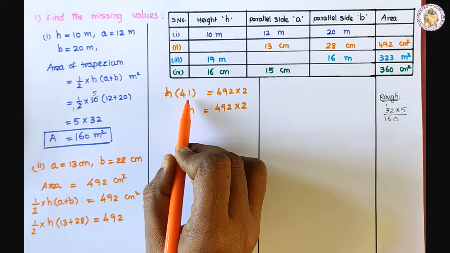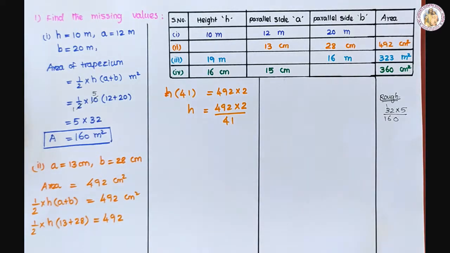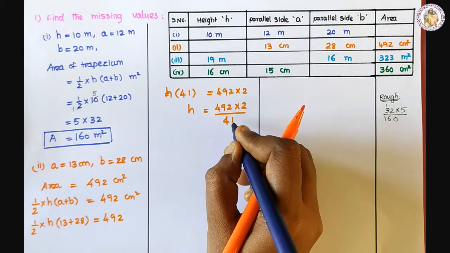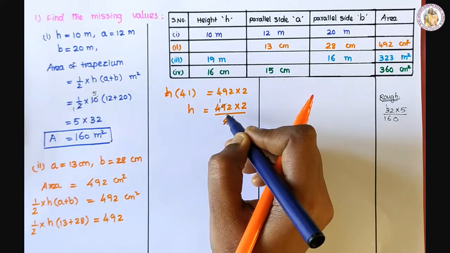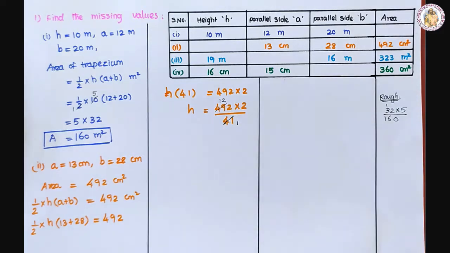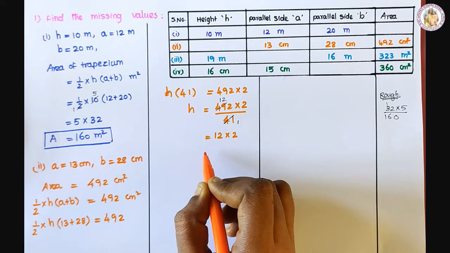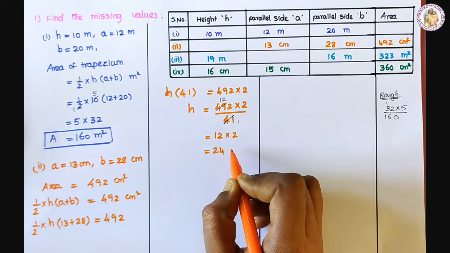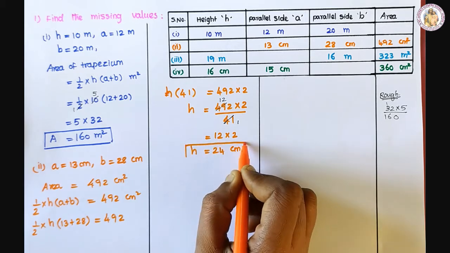So h equals 492 into 2, and here 41 is in multiplication, so bringing it this side means division. Now cancellation: 41 1 is 41, balance 8 becomes 82, that is 2 times. So 12 into 2, that is 24 centimeter, that is the height of this trapezium.